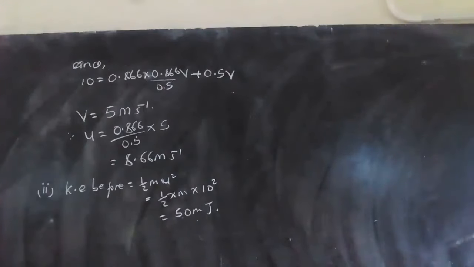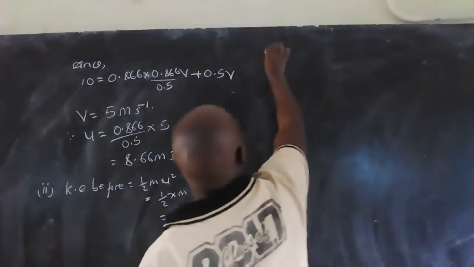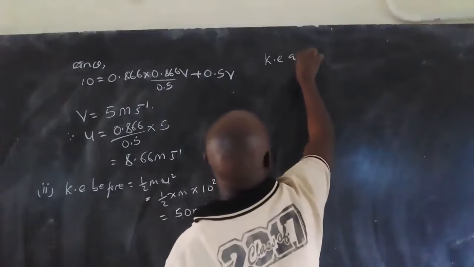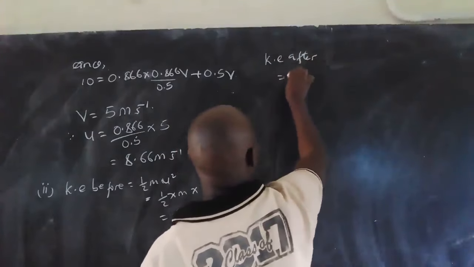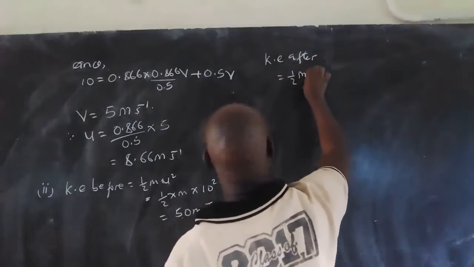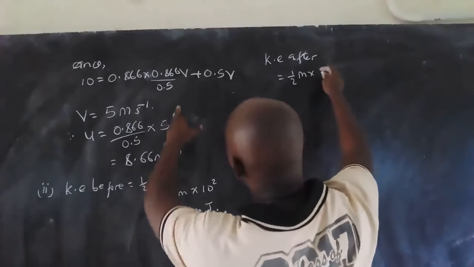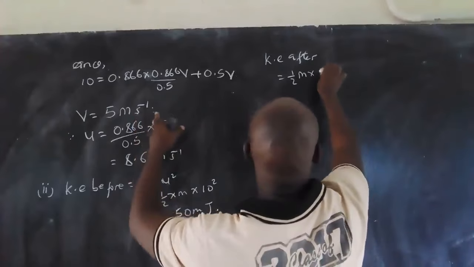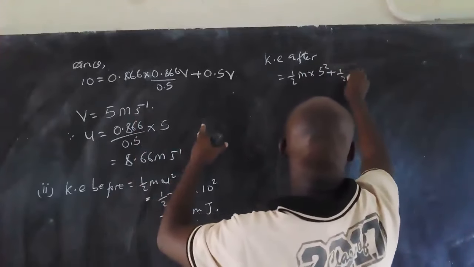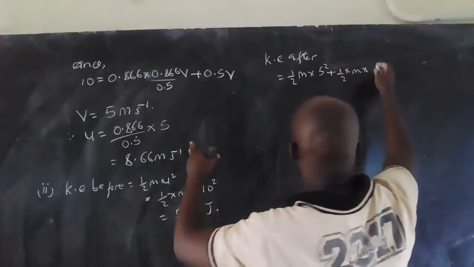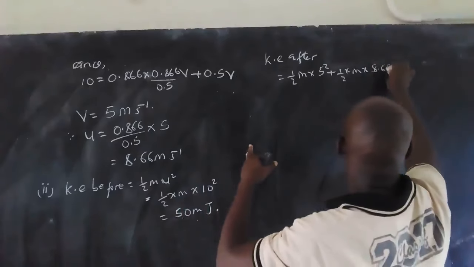Kinetic energy after will become a half times m times 5 squared plus a half times m times 8.66 squared.